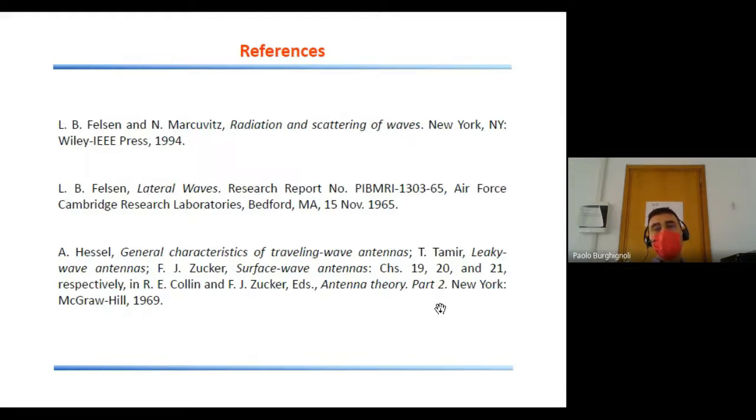In particular, we are interested here in the chapter by Hessel, General Characteristics of Traveling Wave Antennas, which discusses many things related to leaky and surface waves in general. Leaky wave antennas are discussed by Tamir, and Zucker discusses instead surface wave antennas. Those are chapters 19, 20, and 21 in this two-part book. So we are in the second volume of this book.